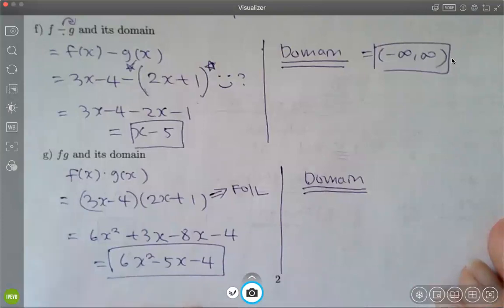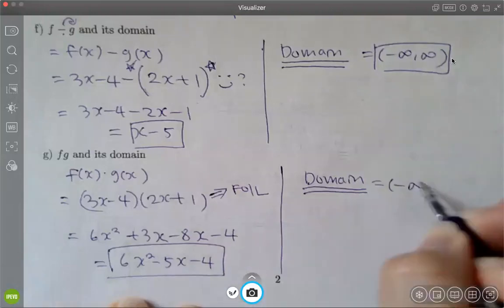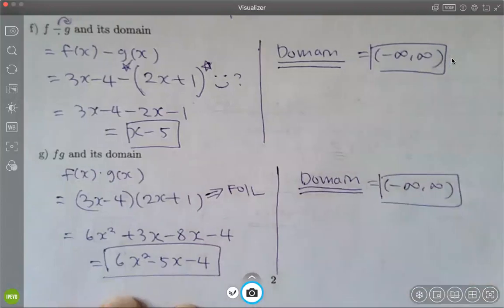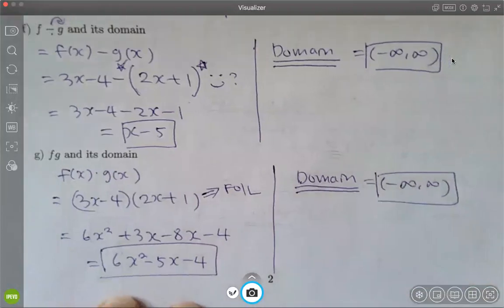Would it be the same? Same, yeah, right? Why? No square root, no rational, okay? Even though we have this exponent 2, the domain is still the same. Okay, so that was the product function.